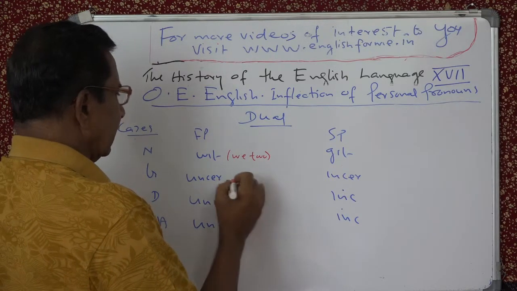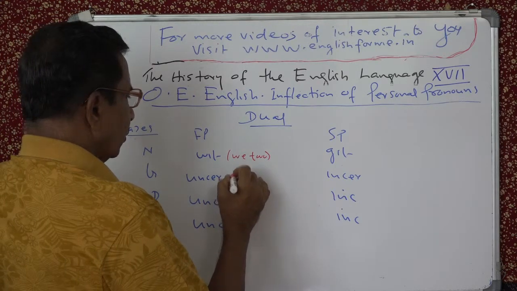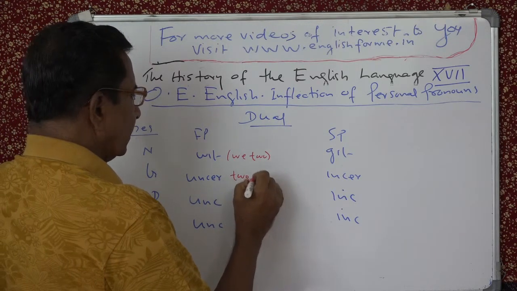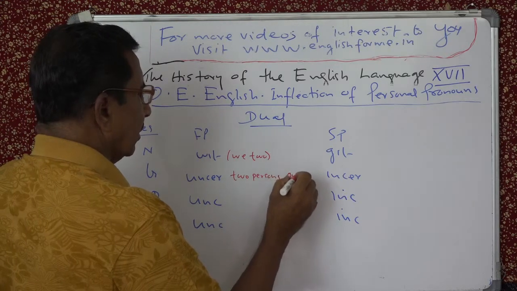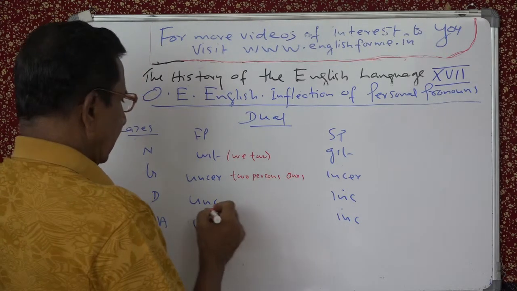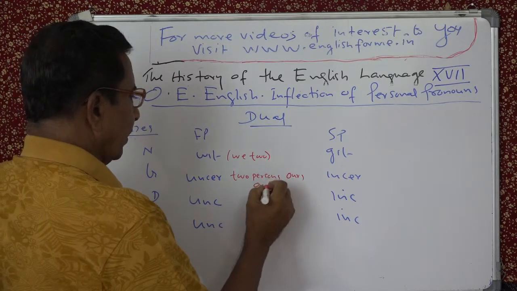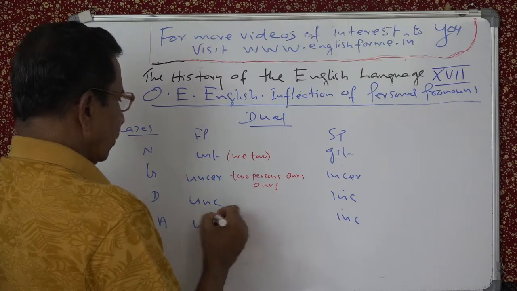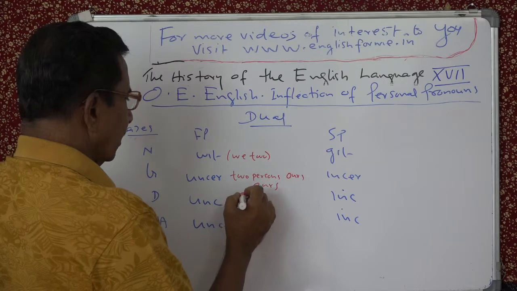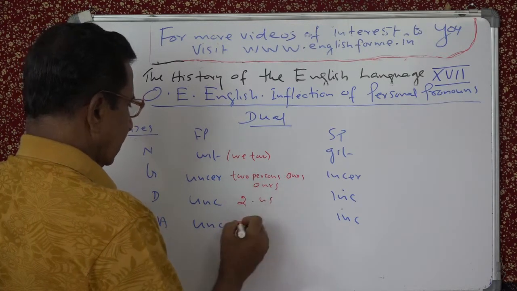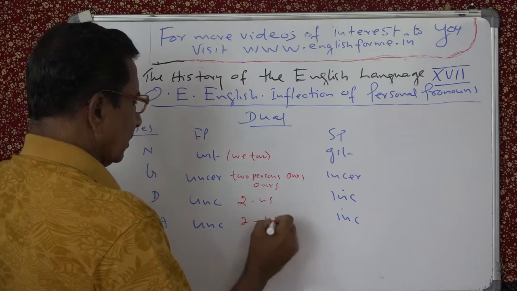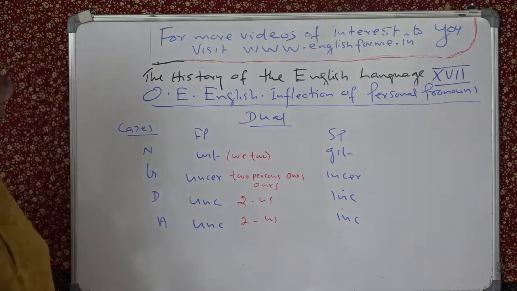Two persons say that, our. Then ours also, because genitive. 2 persons will say us two. But we don't have it now in modern English.